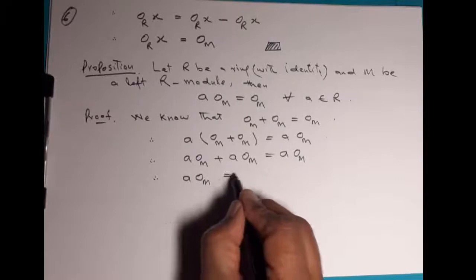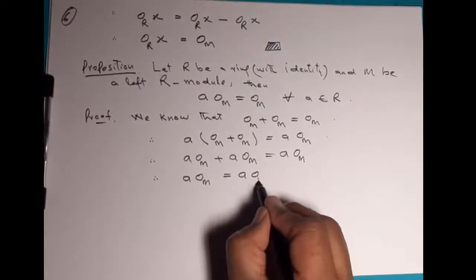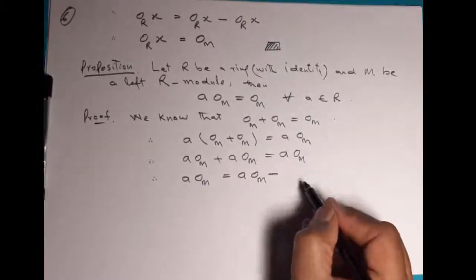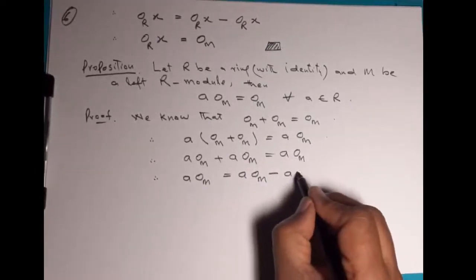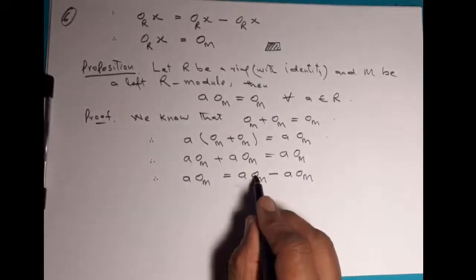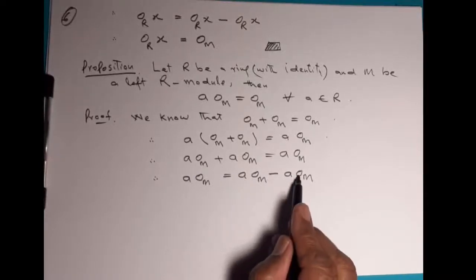And therefore A into 0 of module is equal to, you take this on the right hand side, A into 0 of the module minus A into 0 of the module, which comes as the additive inverse on the right hand side. Now this is an element of module. This is an element of module.